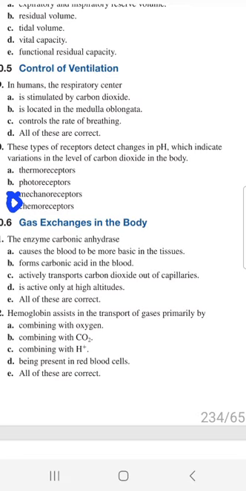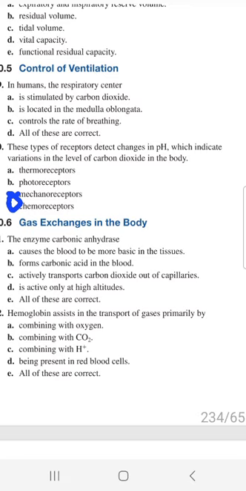Actively transport carbon dioxide out of the capillaries. Transport of carbon dioxide out of the capillaries is active only at high altitudes. No, it's active everywhere. You don't have to be at high altitudes.